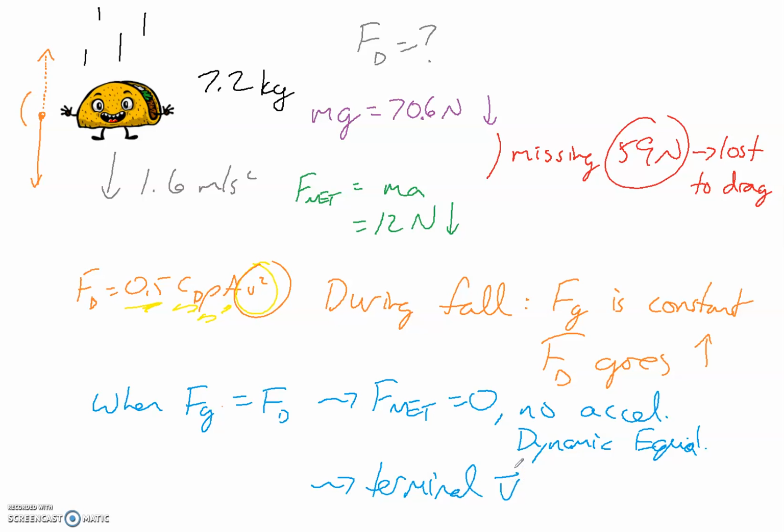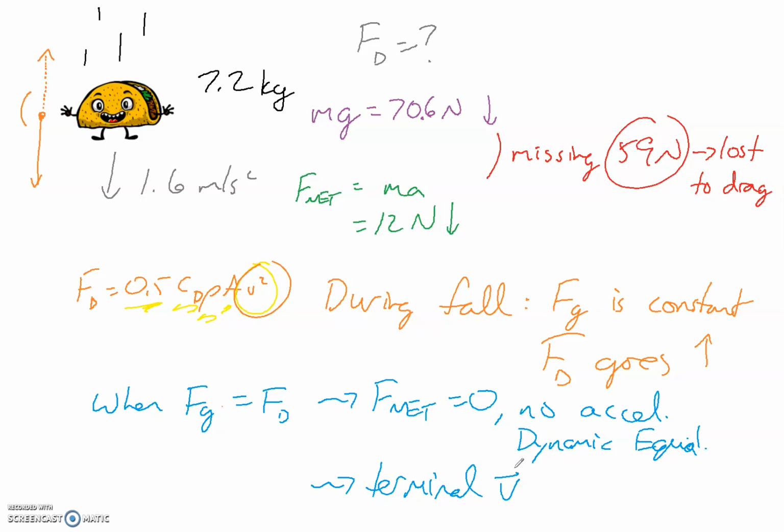So when things fall, they will keep on speeding up, and as they speed up, the drag keeps on getting bigger while the gravity stays the same, and you will reach terminal velocity. So you're not going to keep on accelerating forever. Different things, depending on their shape and their mass and their contact area and their coefficient of drag, have different terminal velocities. It doesn't really take too long for a skydiver.